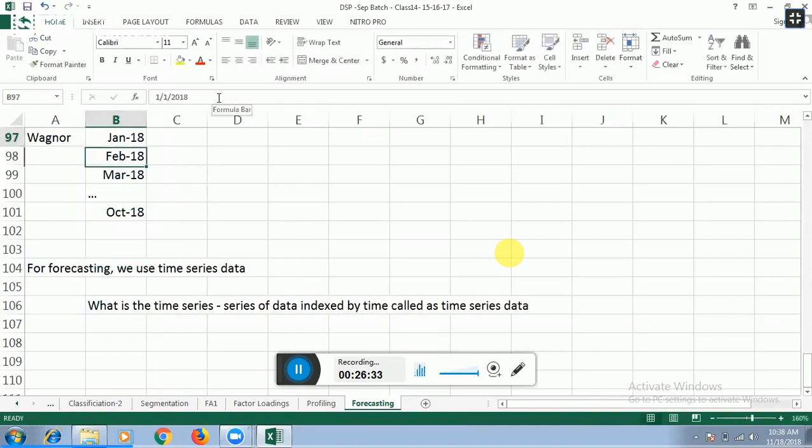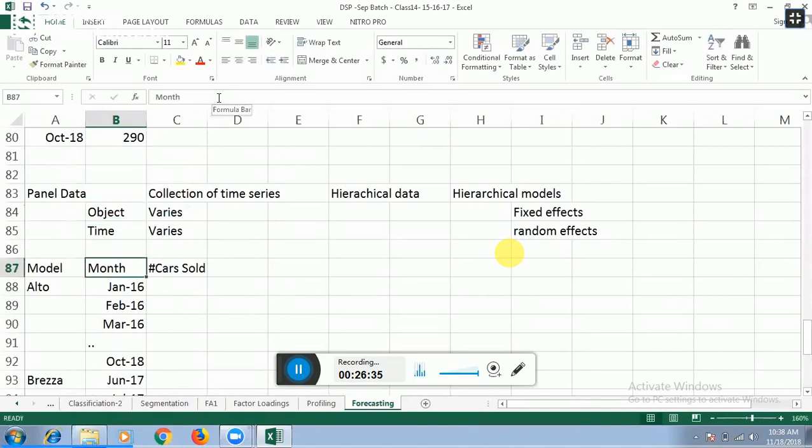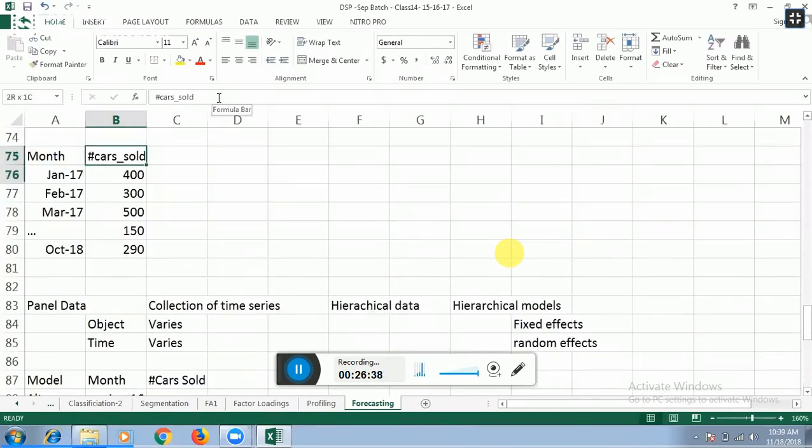So in this case, what is my series? My series is cars sold. And what did you do? It's indexing each observation with this particular value, and this is what we call indexed by time.